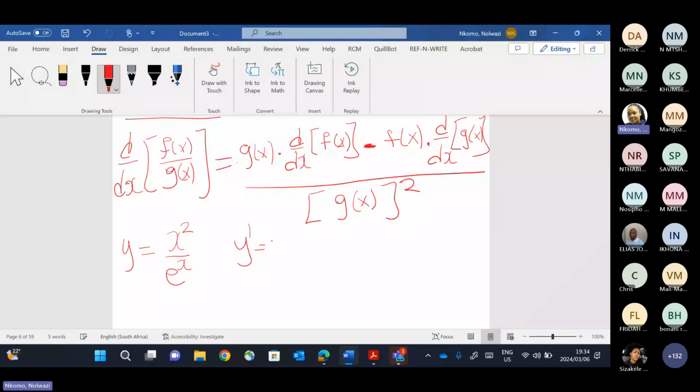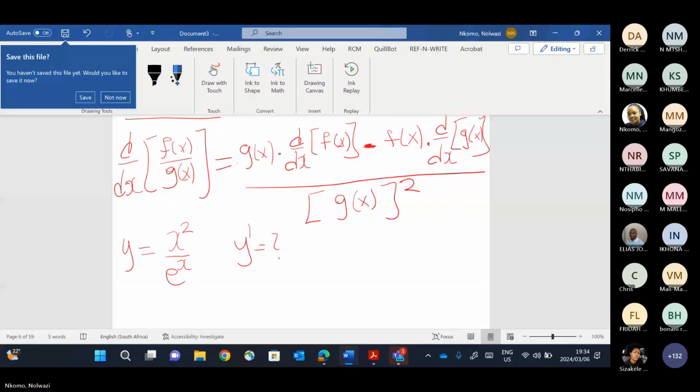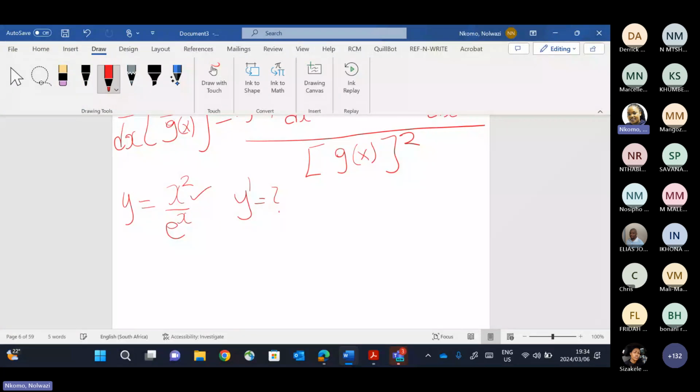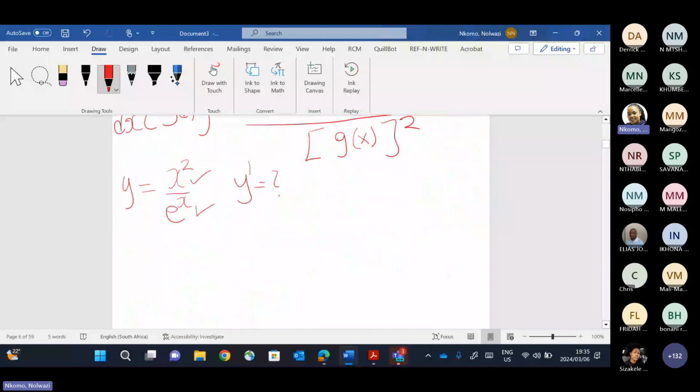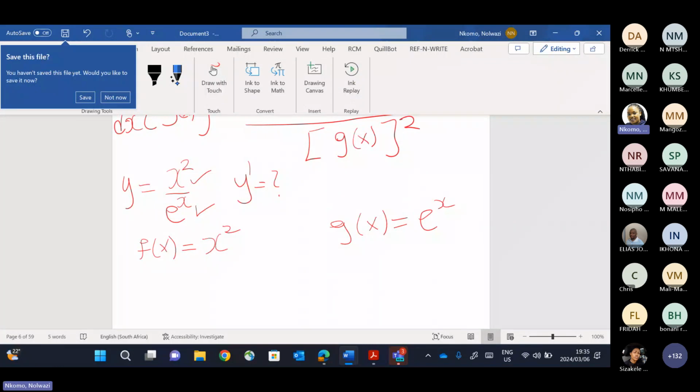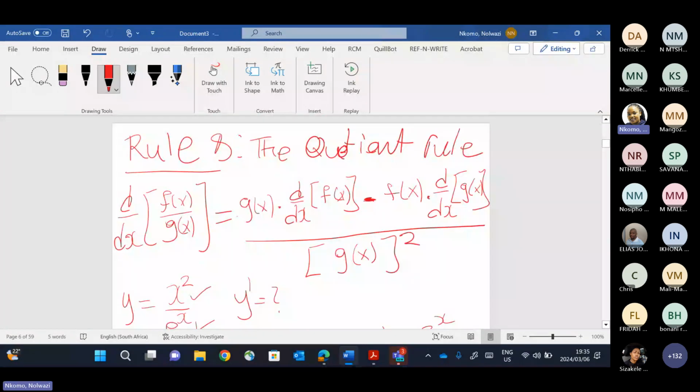Let's say we let our f at x be x squared, and our g at x be e to the power x.